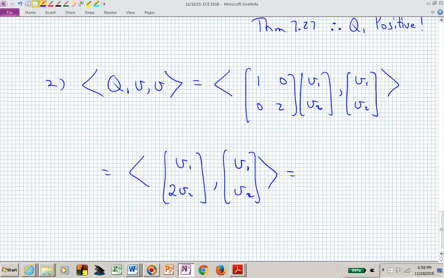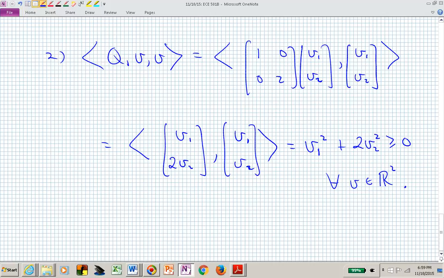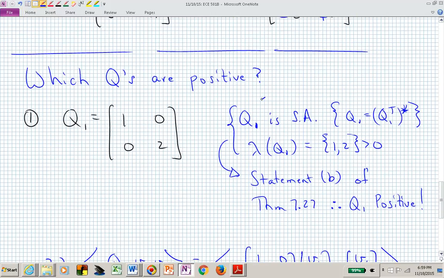And this says do component-wise products. That gives us v1 squared plus 2 times v2 squared, and no matter what v1 and v2 are equal to, for all v1 and v2, this is going to give us a non-negative answer for all v in R2. Because Q1 was self-adjoint, that was the first piece.